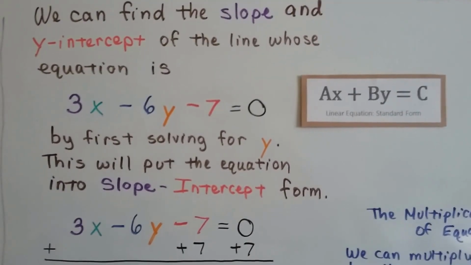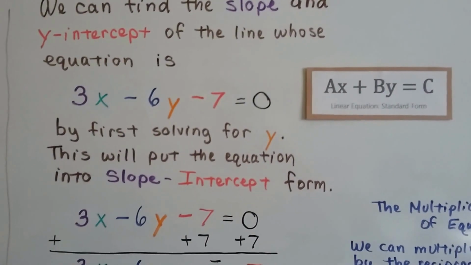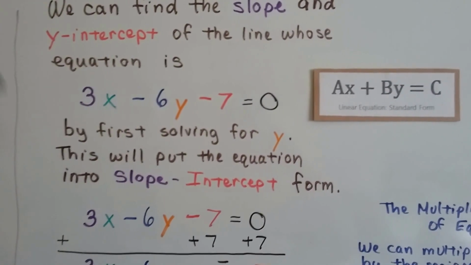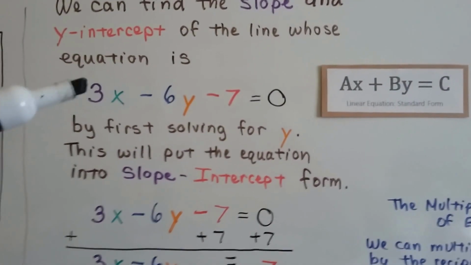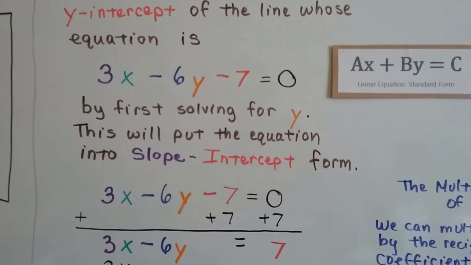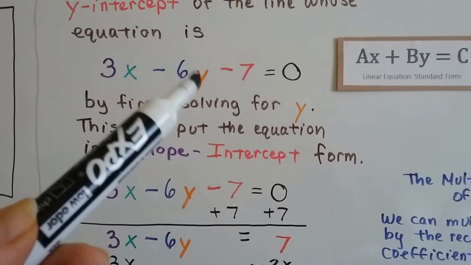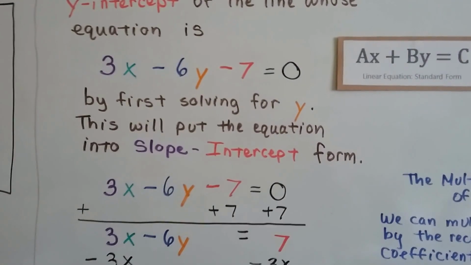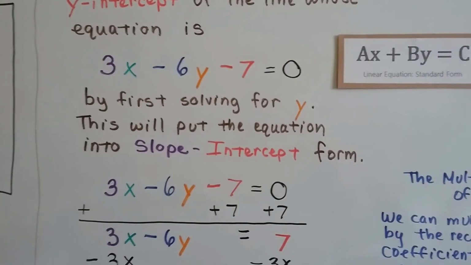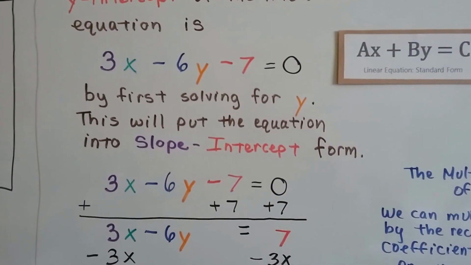And it's going to equal c, but it's still in standard form. We can find the slope and y-intercept of this equation by solving for y. So we need to do additive inverses to get this y on the other side of the equal sign, don't we? This will put the equation into slope-intercept form.